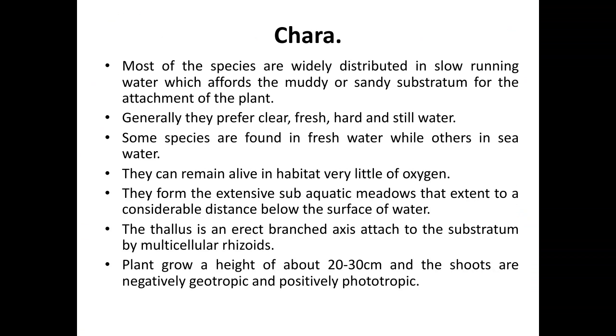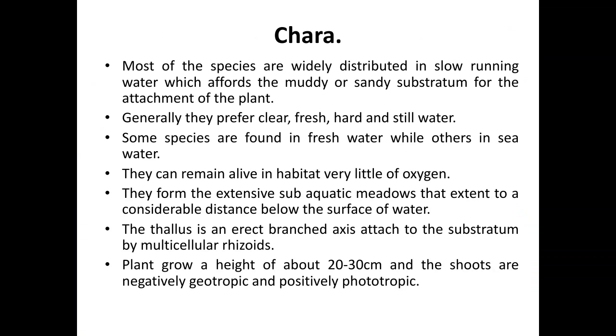The thallus is an erect branched axis. It attaches to the substratum by means of multicellular structures known as rhizoids. So rhizoids are useful for fixation. They are also useful for absorption of water and minerals from the water or mud.